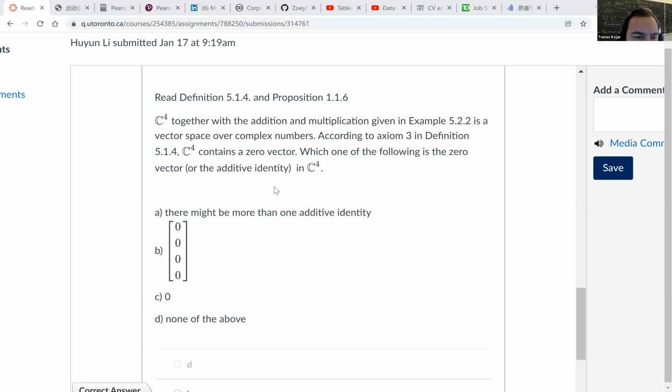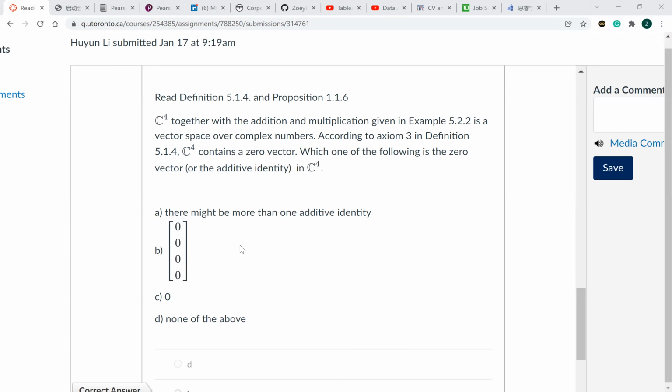Hu Yun, are you there? Yeah. Why did you say C though? I'm confused, it's a vector. What I'm thinking is that C is the complex number, so it should be 0 plus 0i. At the very least it should have been B. I understand D, none of the above, or B, but why C?